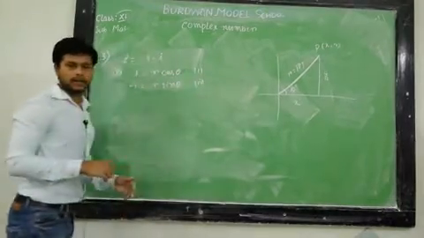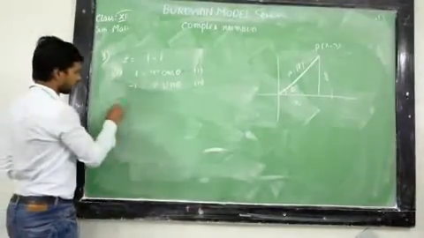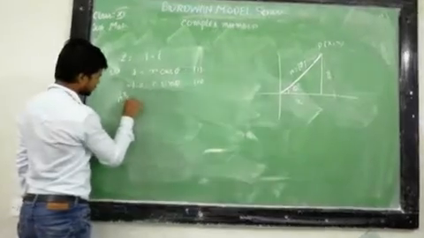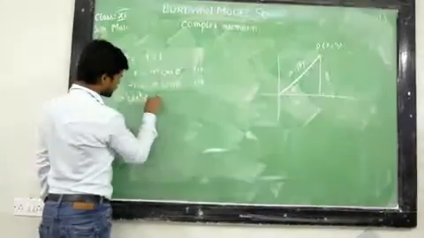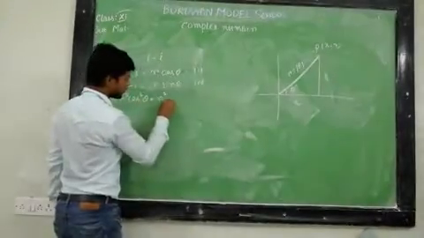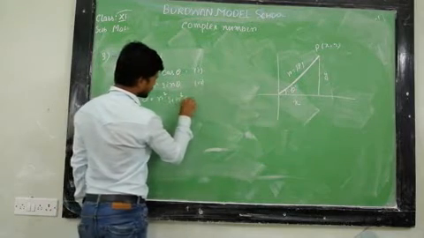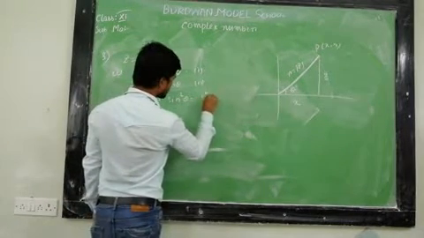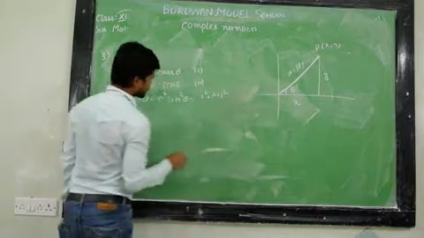Now squaring 1 and 2 and adding together, we have r square cos square theta plus r square sin square theta, that is equal to 1 square plus minus 1 whole square.